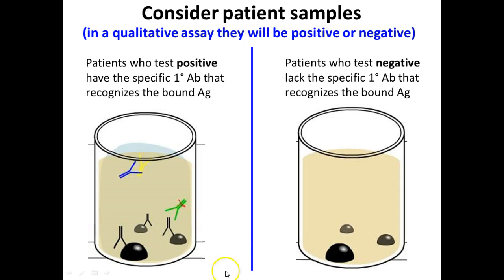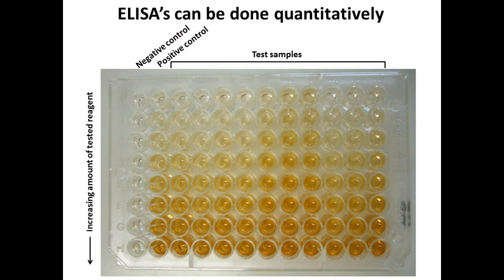Just the antigen, right? Because negative ones won't contain the antibody, nothing to bind to the antigen, right? Anything that isn't binding will get washed out. Right? So if we had high-powered molecular microscopes, we could see this. But you're not going to see this, right? You're just going to see liquids going into these tubes.